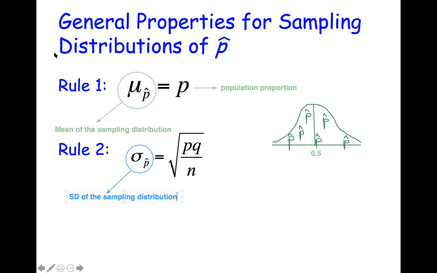As you can see, this formula is a little more complex. This one is saying it's equal to the square root of PQ over n, where P is the population proportion, Q is the probability of fail, or just 1 minus P, and n is your sample size.